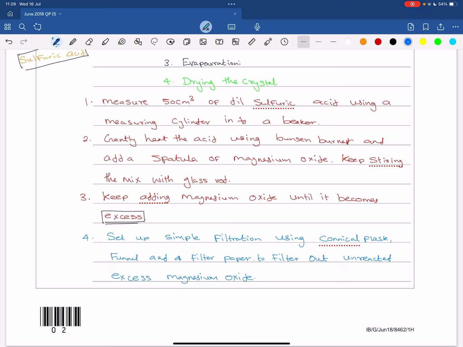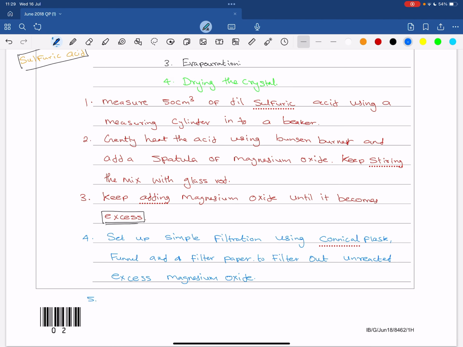Once you get rid of it, you transfer the filtrate into an evaporating basin.